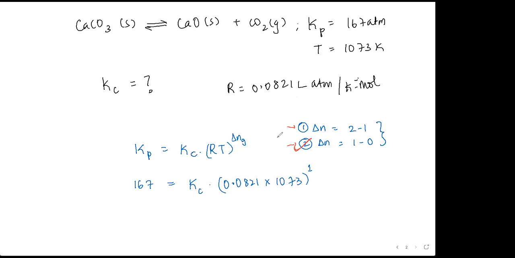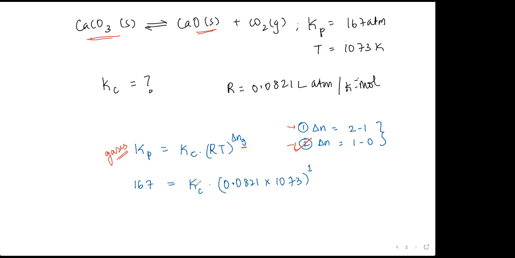Second is right. The reason why we take delta n g is we only need to consider the number of moles of gases alone. For the calculation of Kp, solids don't have any partial pressures associated with them, they don't exert pressure in all directions. Solids and liquids are not in consideration at all, even aqueous conditions.